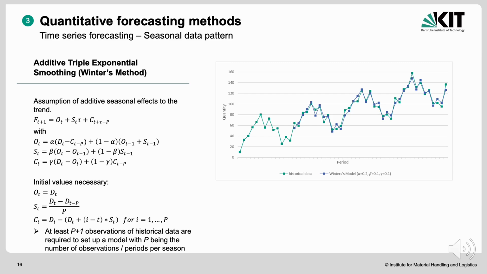And of course, we need initial guesses for the values. The initial guess for the offset is the first demand, the initial slope is the difference between two demands divided by p periods, and the cycle is the remainder of the demands minus the offset.